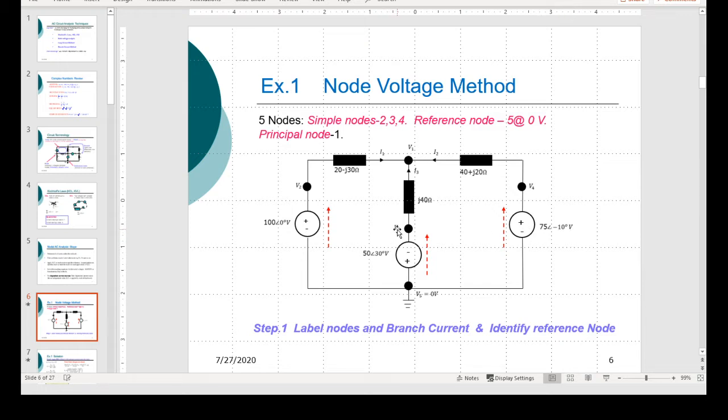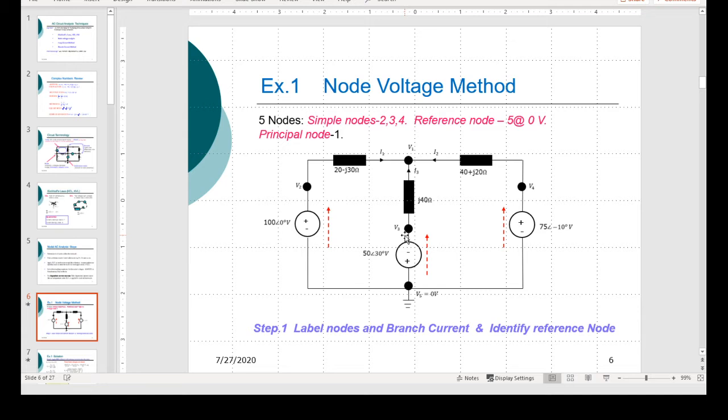And the voltage V3, because the polarity shown in the circuit symbol for this source is minus 50, right? Angle 30 degrees. So these three voltages are known. So we are basically down to one voltage, which we do not know. That makes our life easy.